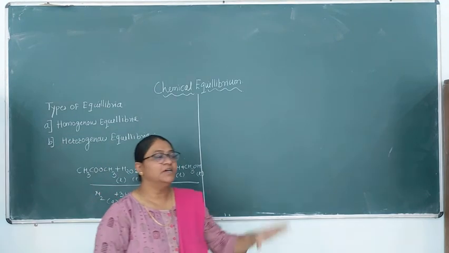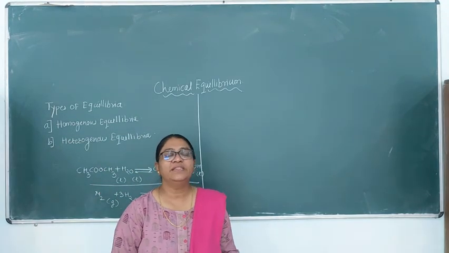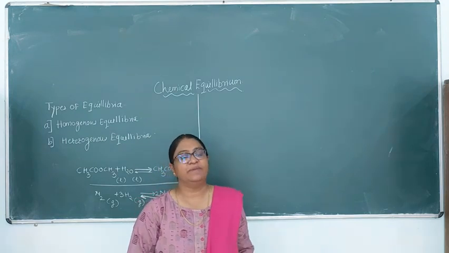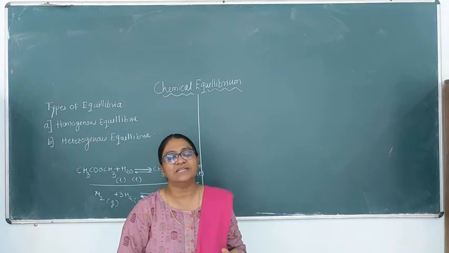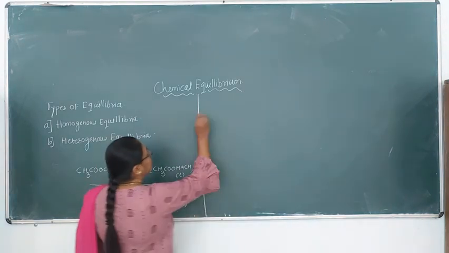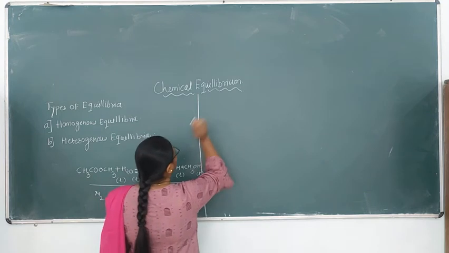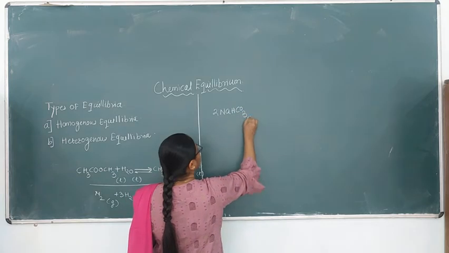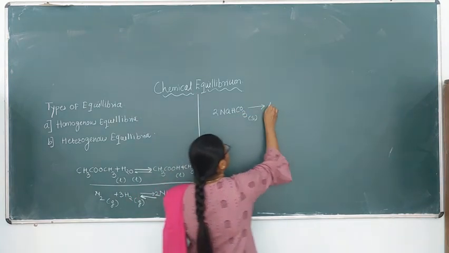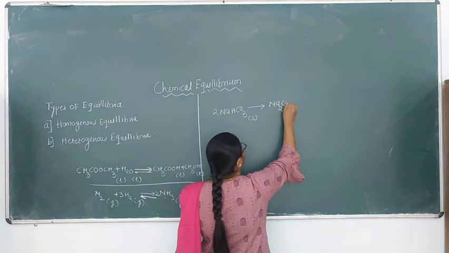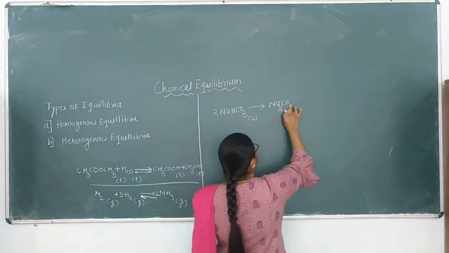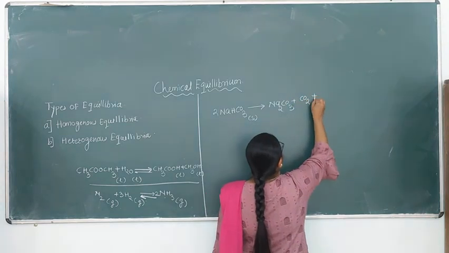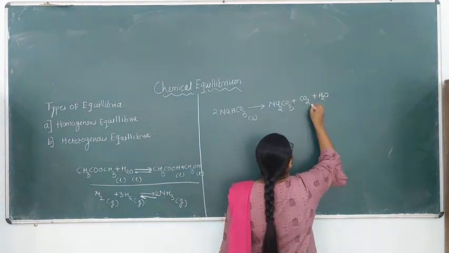Obviously, when the reactants and the products are not in the same phase, that type of equilibria formed in the reaction is called heterogeneous equilibria. Examples of heterogeneous equilibria are the decomposition of sodium bicarbonate, which is in solid form, which gives sodium carbonate plus carbon dioxide plus water.